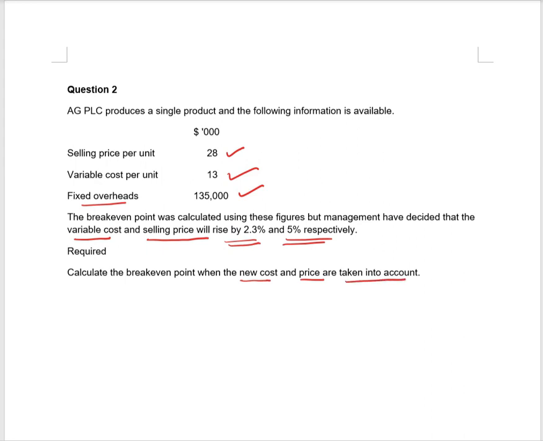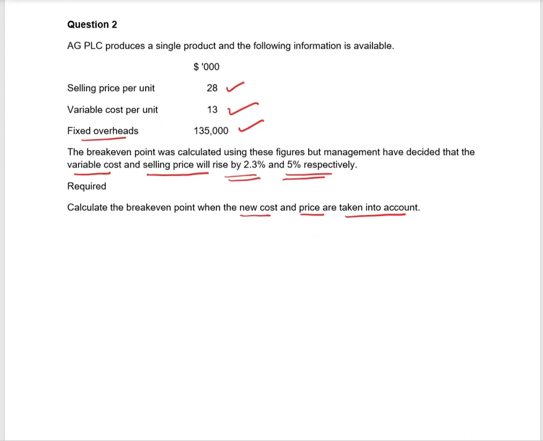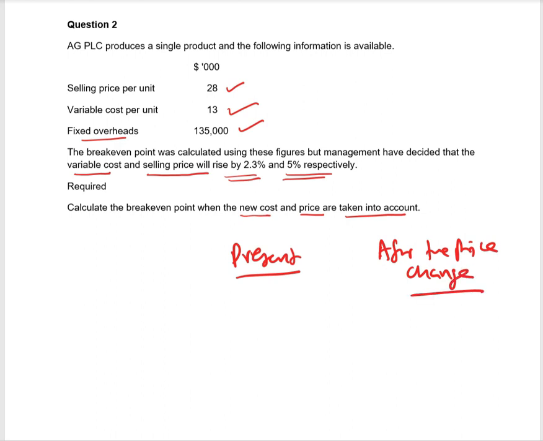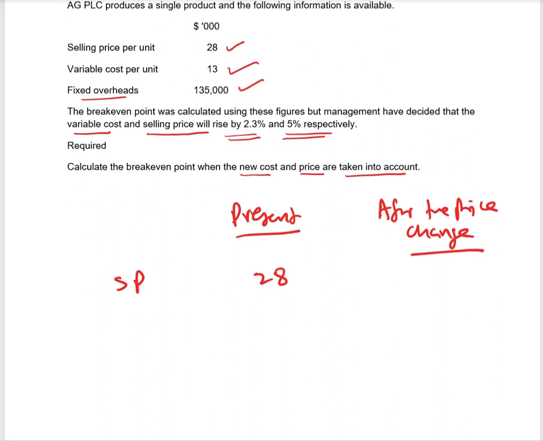So when you change the pricing, what will be the break-even point? Now let's calculate the present and after the price change. What is the selling price per unit? Selling price per unit is 28 under current scenario, and variable cost is 13.